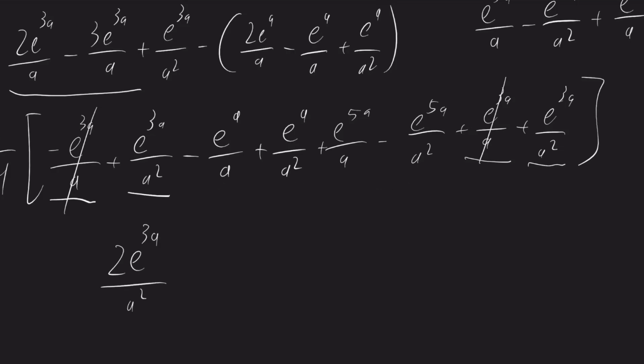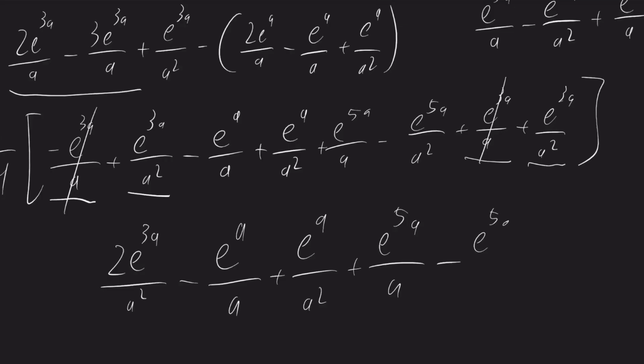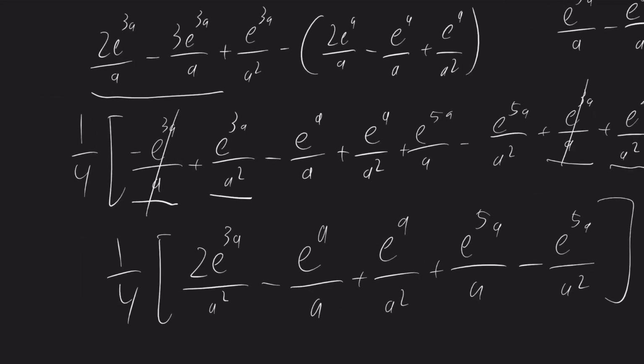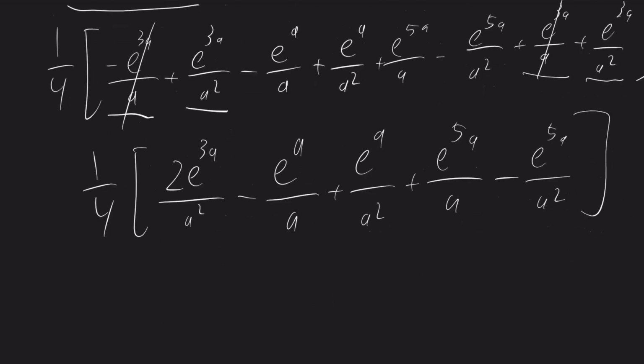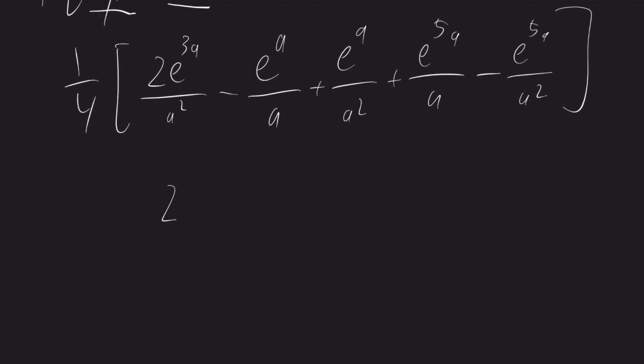None of the other terms can be combined, so I'll just write them down here. We'll have this negative e to the a over a, then e to the a over a squared, plus e to the 5a over a, and minus e to the 5a over a squared. Since we have some common denominators with these a squared and a, I'm just going to write them together.